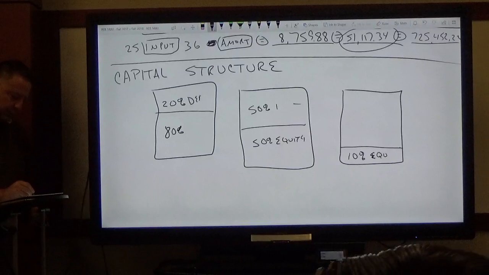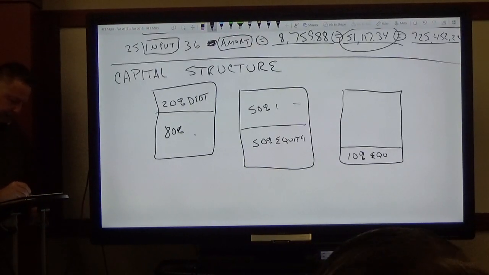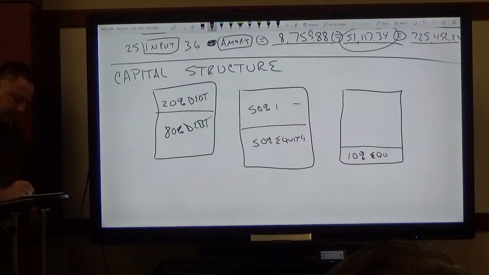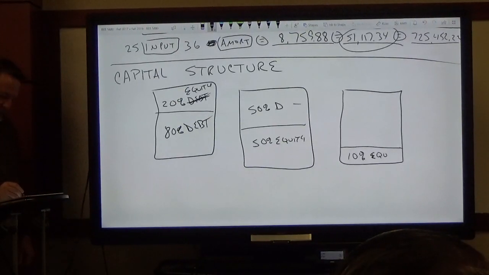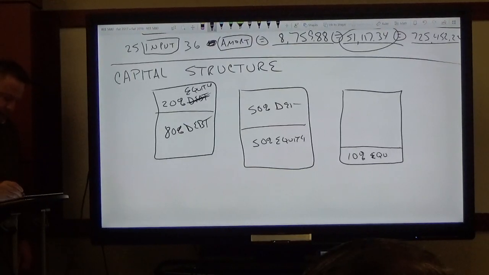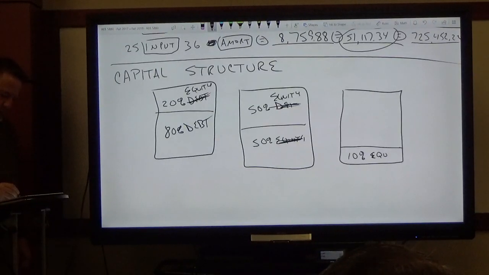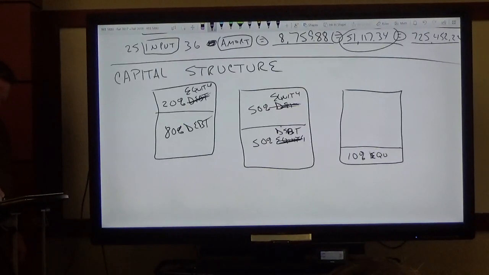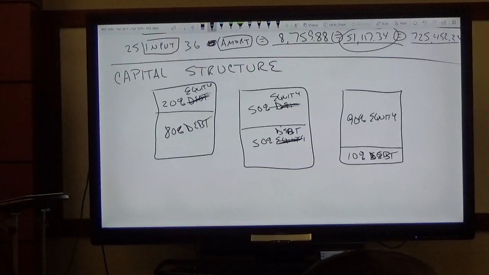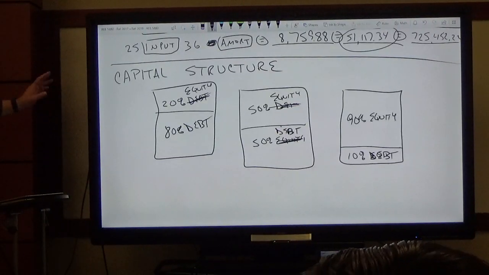Okay. 20% debt, 20% equity, 80% debt, 50% debt. Let's be consistent. And then over here, 80%, 90%. Let the man work, Cal. Okay. This one is super simple, even though I'm screwing it up with reckless abandon.